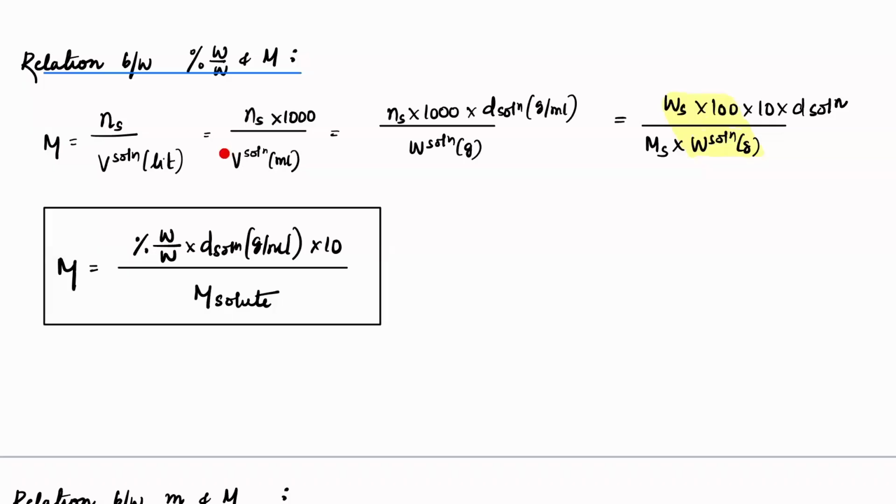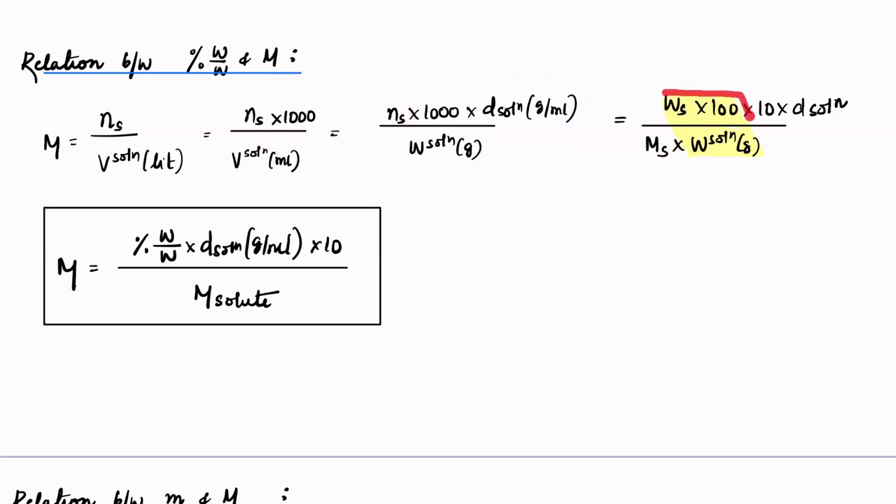Now the volume of the solution can also be written as weight of solution divided by density of solution. Since this is in ml, it is the CGS system, so I can write weight in grams and density in gram per ml. The number of moles of solute can be written as weight of the solute divided by molar mass of the solute.